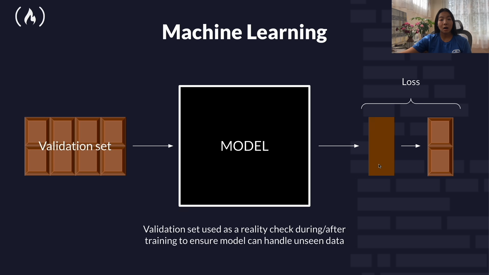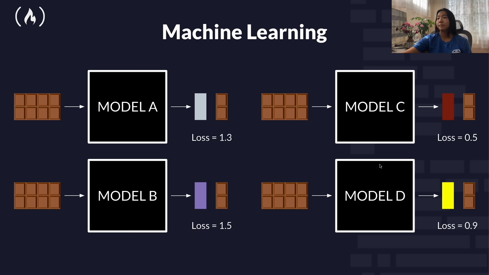All right, so let's talk about loss really quickly. Here I have four different types of models. I have some data being fed into the model and then some output. This output here is pretty far from the truth that we want, so this loss is going to be high. In model B, again, this is pretty far from what we want, so this loss is also going to be high.